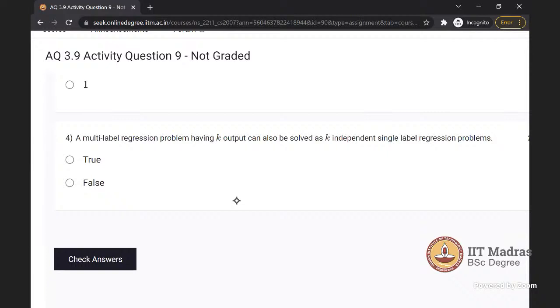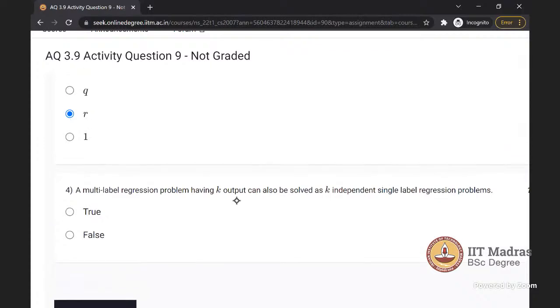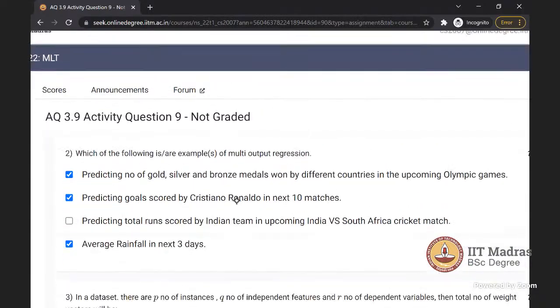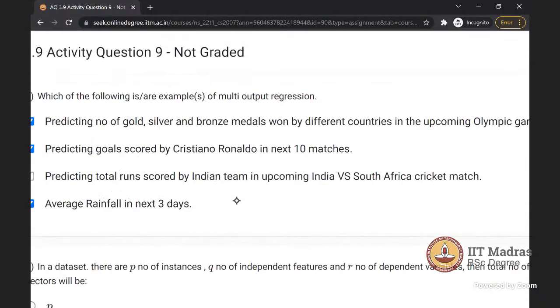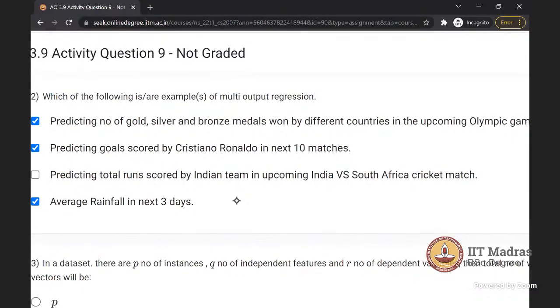Moving on to next question. Question number 4. A multi-label regression problem with K outputs can also be solved with K independent single label regression problems. Is it true or is it false? True. It's true. Okay. So let's take one example quickly. Let's talk about this, predicting number of gold, silver, and bronze medals.